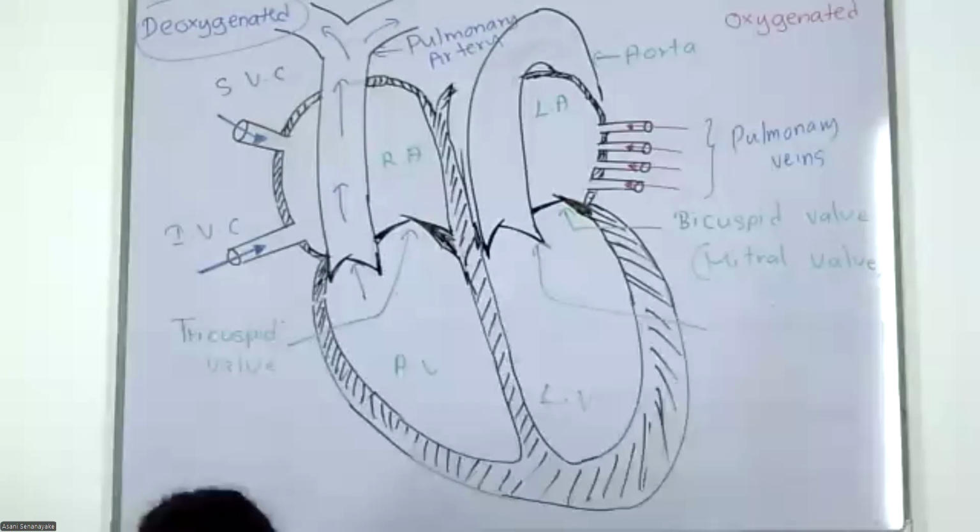Human heart. Sometimes other hearts, like the frog heart and the fish heart, are different. They don't have 4 chambers. Fish has 2 chambers only. Frog has 3 chambers. Especially when it comes to mammals, we can see 4 chambers.